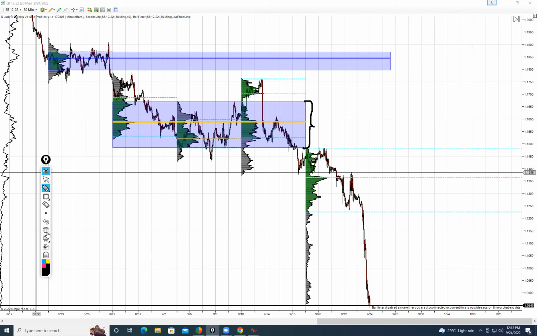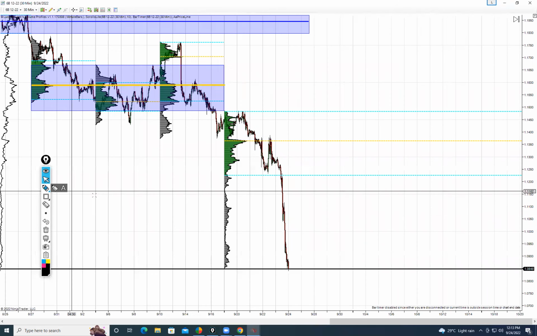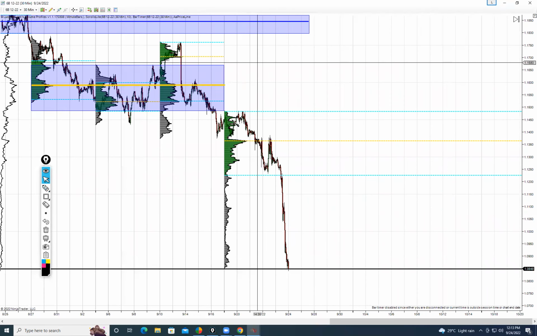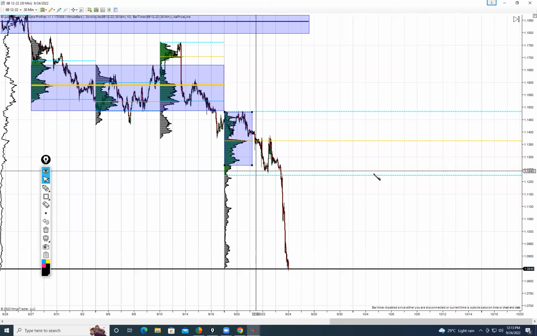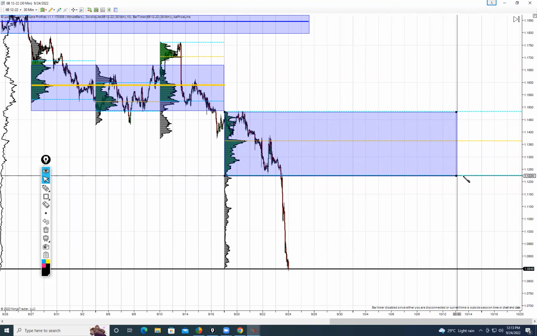Coming to this week, we can see the week has broken lower and we have discovered new value below the previous week's value area. Now this week, what we have is this. As you can see, the value areas do not overlap.